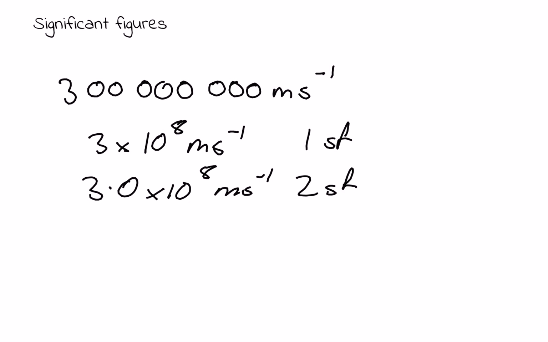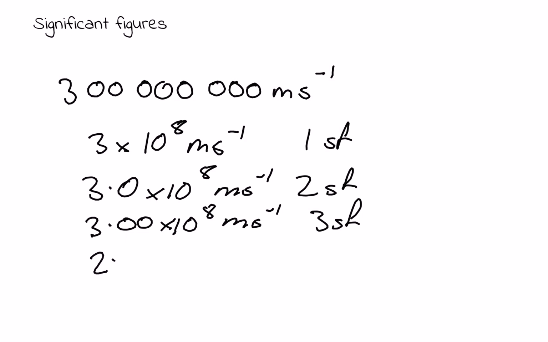If I was to write it to 3, it would be 3.00 times 10 to the 8 meters per second. And if I was to write it to 4 significant figures, that would then be 2.998 times 10 to the 8 meters per second. And that gives me 4 significant figures.